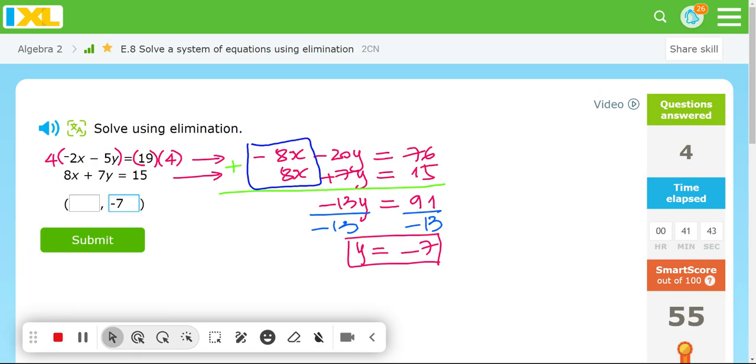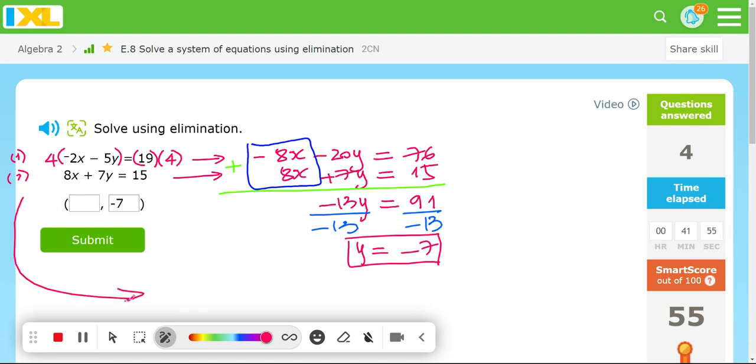Now, I'm looking for the x part, so I would go to the second equation. This is the first equation, this is the second equation. 8x plus 7y equal 15. Now I substitute y as negative 7, so I put negative 7 right there.